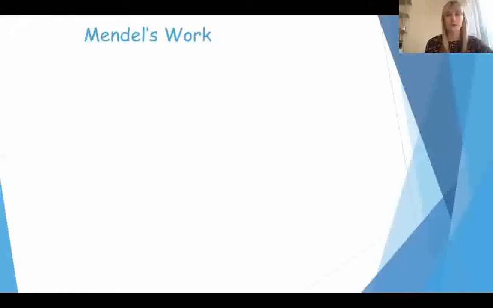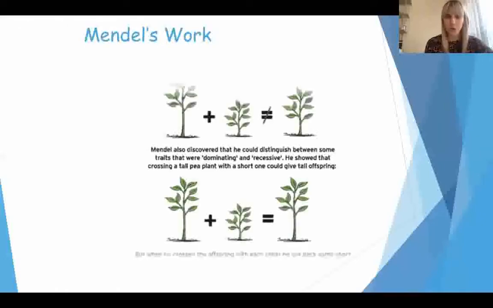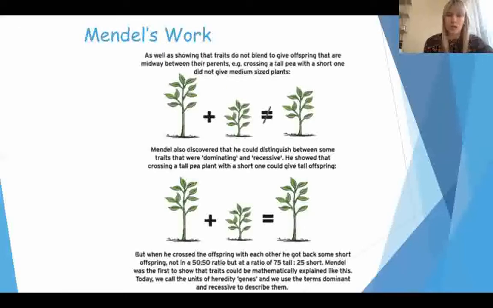Okay, so Mendel's work, what did he actually do? He did thousands of experiments with pea plants. One thing he discovered was that he could distinguish between some traits that were dominant and recessive. What that means, we'll get to.